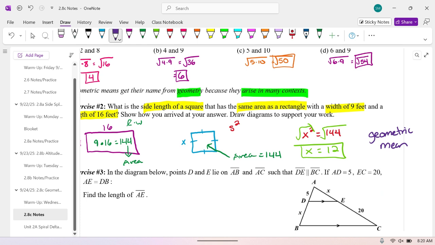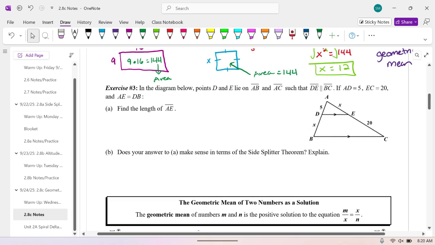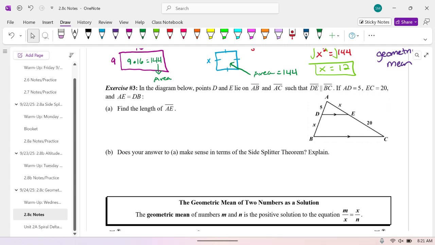All right, now that's quadrilaterals, and that was a very simple example. But remember, in this class, it's all about the triangles. So let's talk about some of the triangles. This is kind of a review of side splitter theorem, so 2.8a.